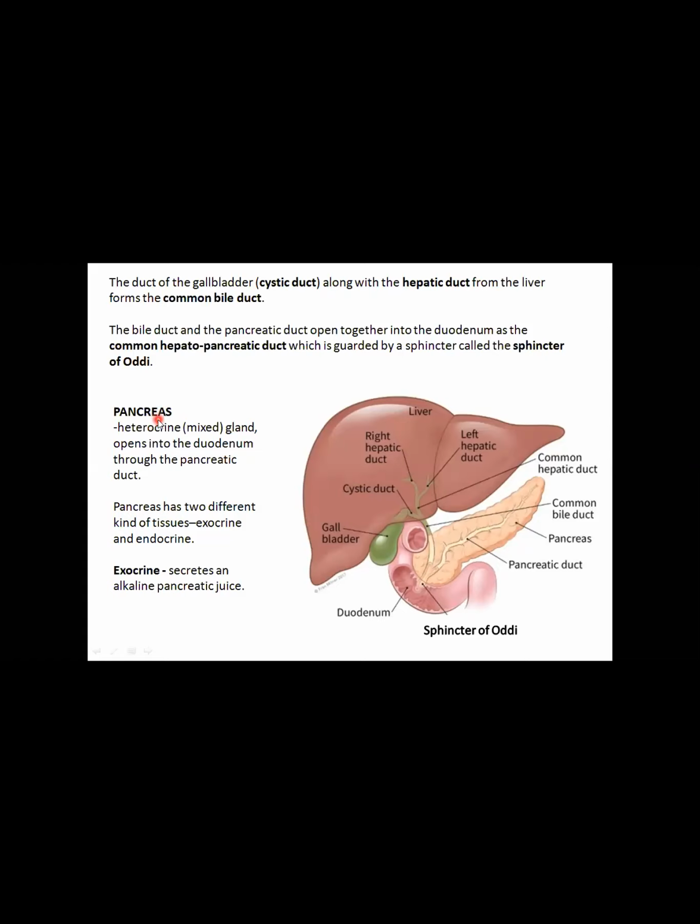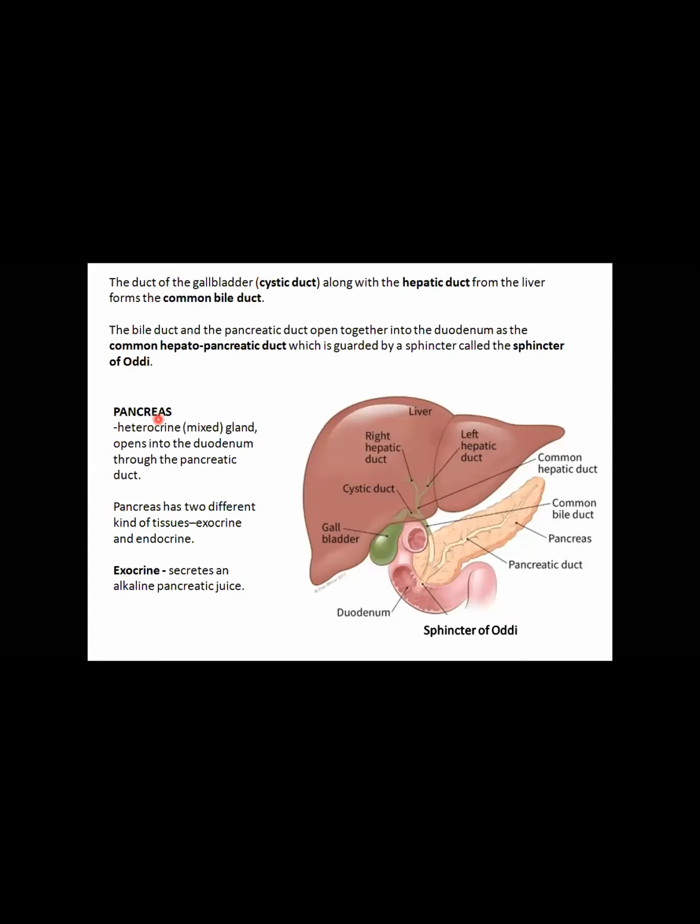Pancreas, it is a heterocrine gland. It is actually a heterocrine gland. Hetero means different. So heterocrine gland means it has both the function. Endocrine function भी होता है and exocrine function भी होता है. You know, you can differentiate between endocrine and exocrine function of a gland. Exocrine function is when a particular secretion is going to get released in.